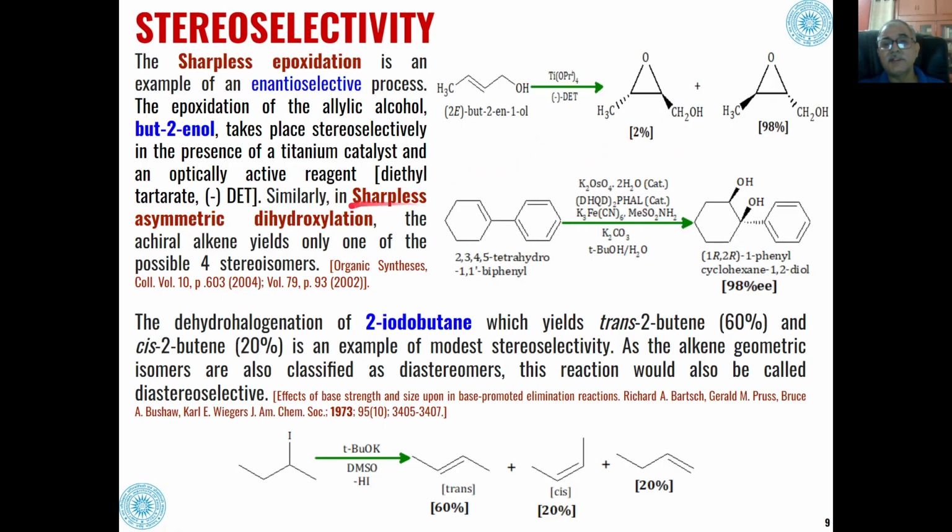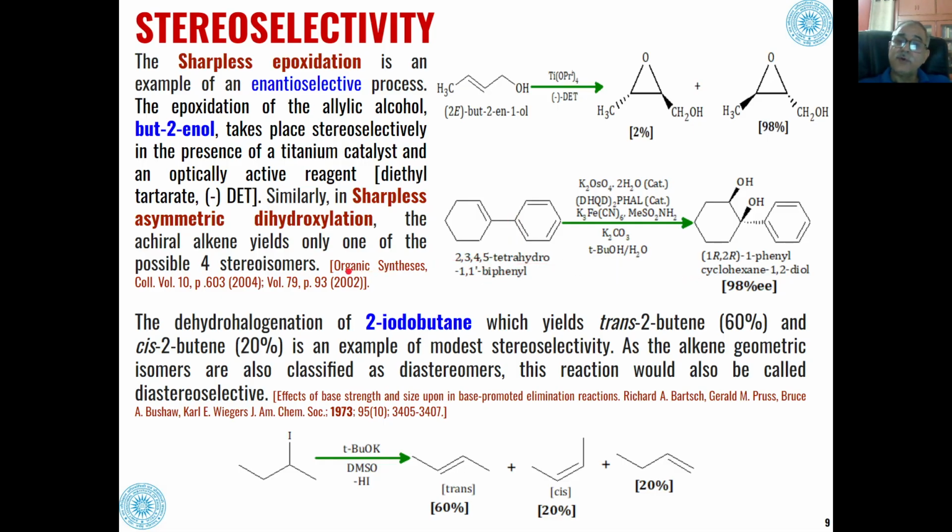Another example is Sharpless asymmetric dihydroxylation, in the case of this tetrahydrobiphenyl. When dihydroxylation is done under these conditions in the presence of optically active reagents, there is a possibility of formation of four stereoisomers from this biphenyl.